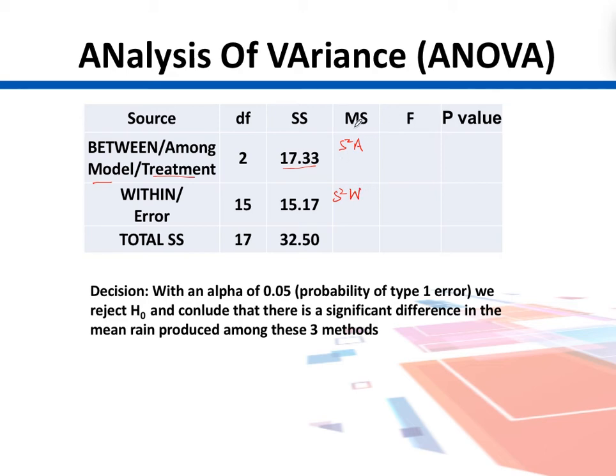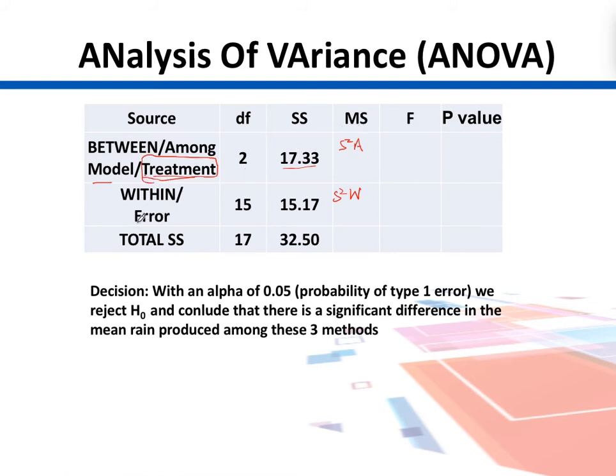We can also call it mean square for between group, or mean square among, or mean square model, or mean square treatment. Most of the time we see this term in the ANOVA tables as MST, mean square treatment.